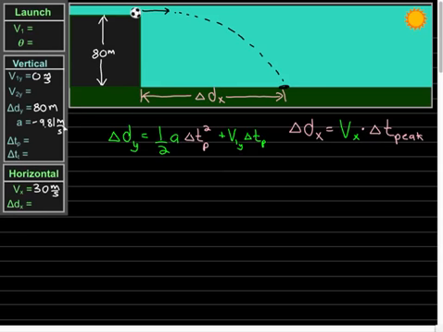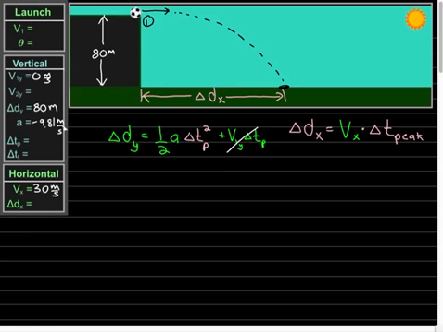Now, before we even get further, we know the initial velocity at point 1 is 0. Vertically, it's 0. It's not moving up and down. It's moving only horizontally. So that leaves us with this.